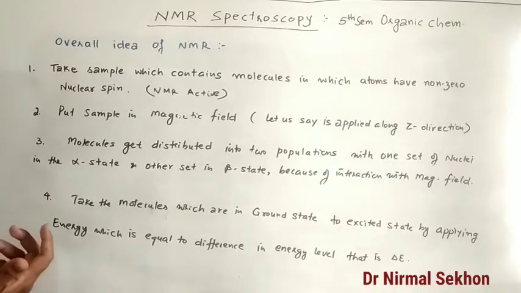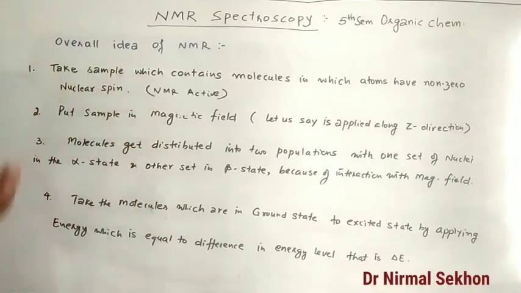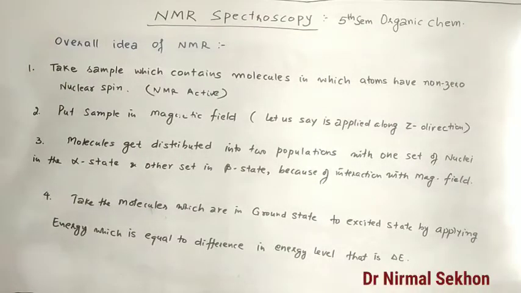So the main target is to increase the population difference between the alpha state and beta state so that a sufficiently large amount of energy is absorbed and clear, high intensity peaks appear in the spectrum. Next we will try to understand how to increase the population difference between alpha and beta.